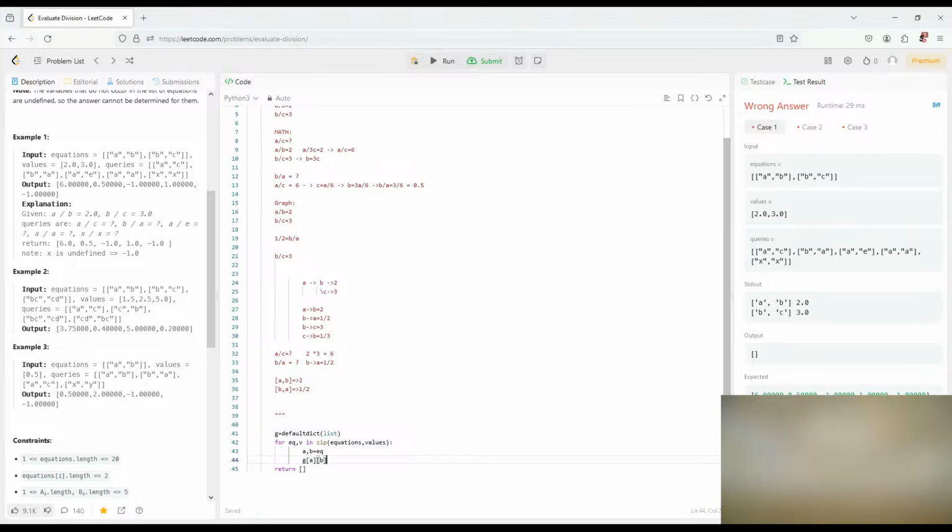AB equals value, and we're going to have BA equals 1 divided by value, right? Then our goal is to see if a path exists. And the path is our queries.